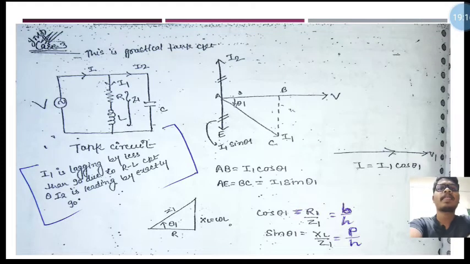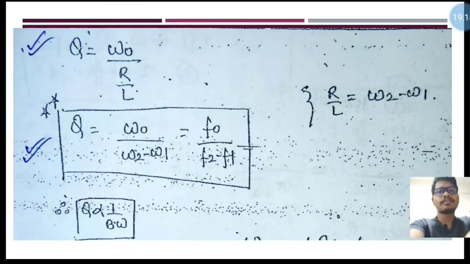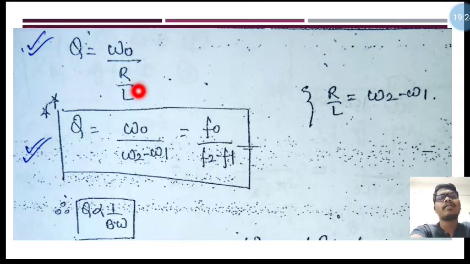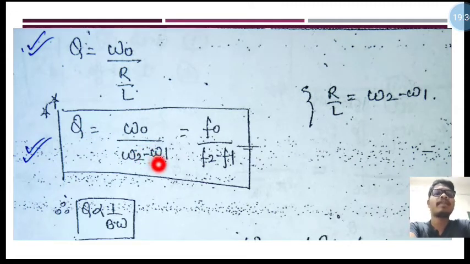Now this is the quality factor. Quality factor is equal to omega 0 divided by R divided by L, or quality factor is equal to omega 0 divided by omega 2 minus omega 1, that is the bandwidth. Quality factor is always inversely proportional to bandwidth, and bandwidth is also inversely proportional to quality factor.